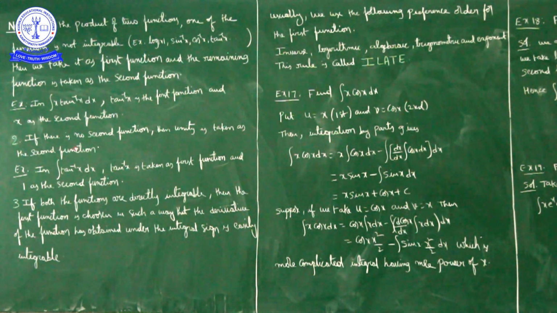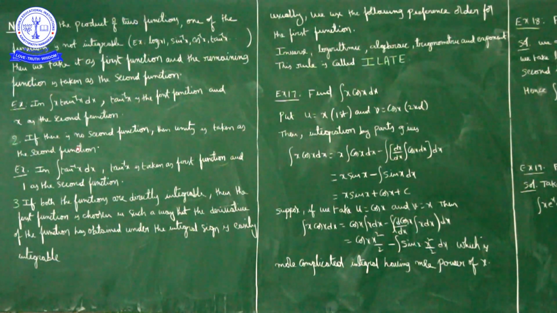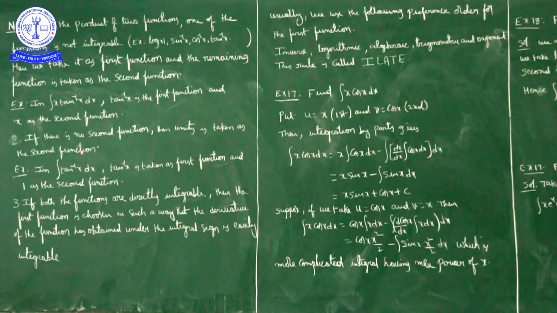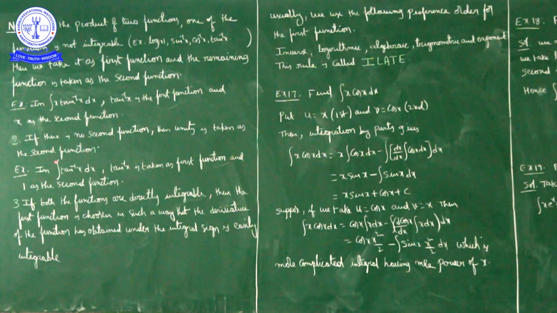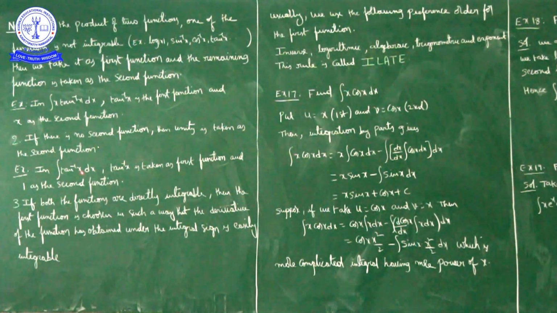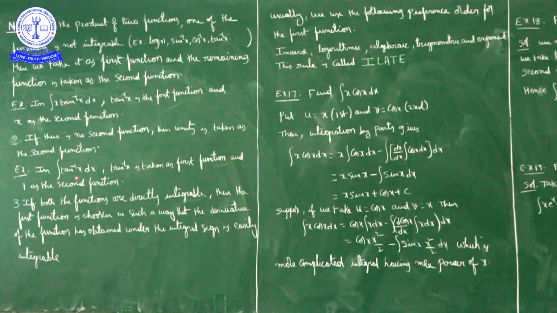Now the second point: if there is no second function and only one function is given, which is not directly integrable, in such a case we will take unity as the second function. Now an example: in the integral of tan inverse x dx, this is not a directly integrable function.